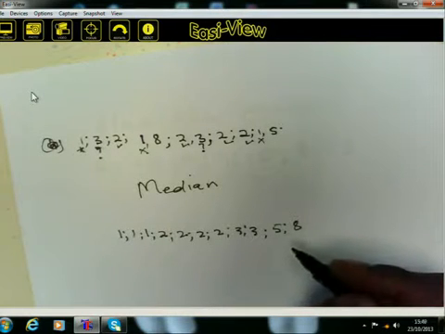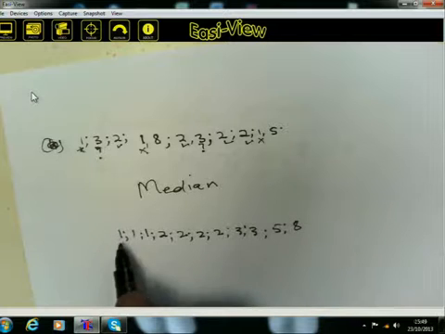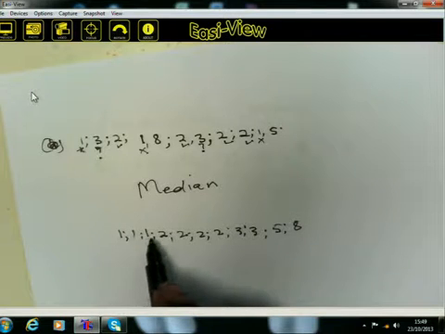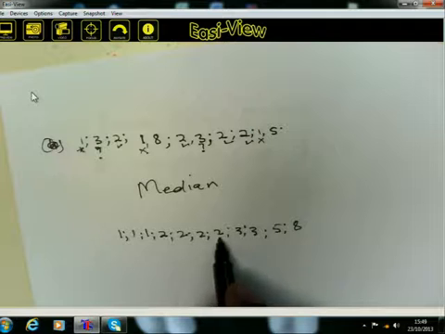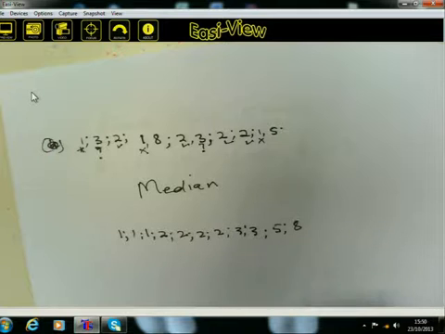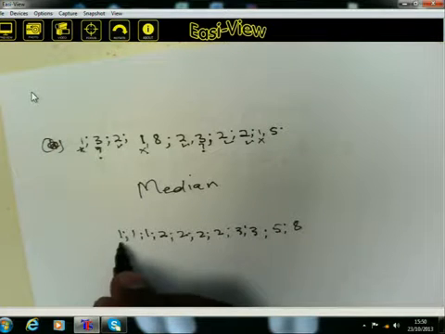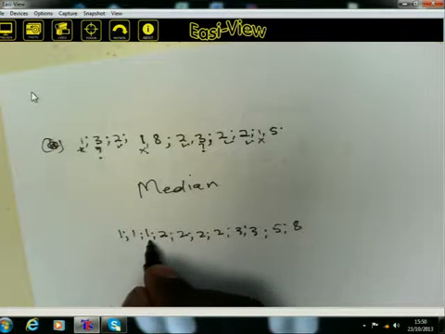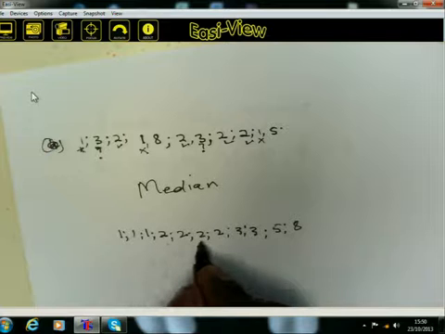Now I have to count how many data I'm having. It's 1, 2, 3, 4, 5, 6, 7, 8, 9, 10, 11. Now if I'm having 11, that means number 6 will be my median. Now I'm counting, it's 1, 2, 3, 4, 5, 6.